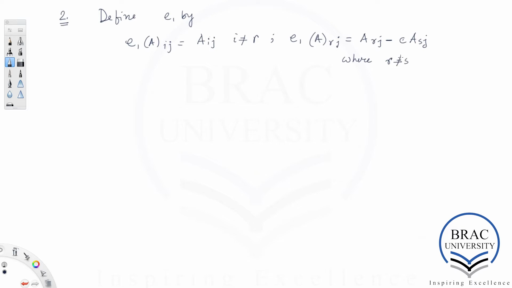For this type, define E1 by E1 of Aij is again the same as Aij if i is not equal to r, and E1 of Arj is equal to Arj minus c times Asj, where r is not equal to s and c is any element from the field F. Okay, so these multiplications are well defined.